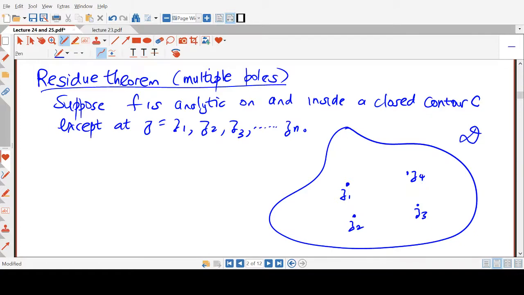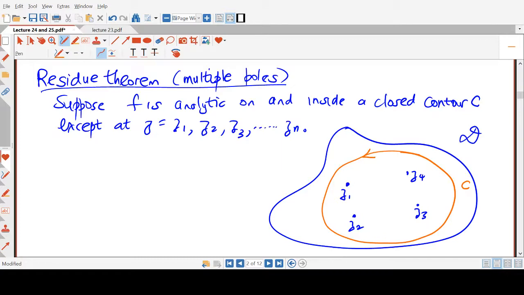You can have many. Now we have a closed contour around that called C.